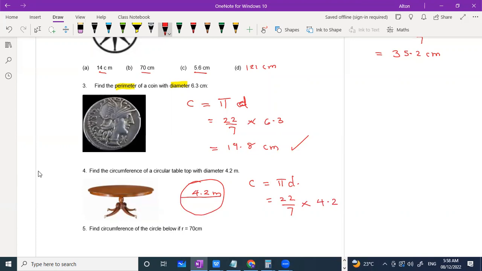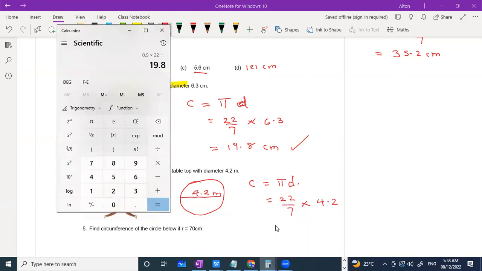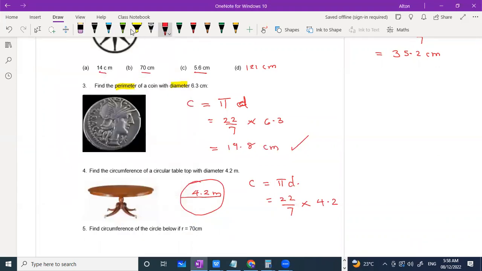And if we divide the 4.2 by 7, we're going to get 0.6 multiplied by 22. I'm seeing 13.2 for that answer. So the circumference there would be 13.2 meters. That's our circumference.